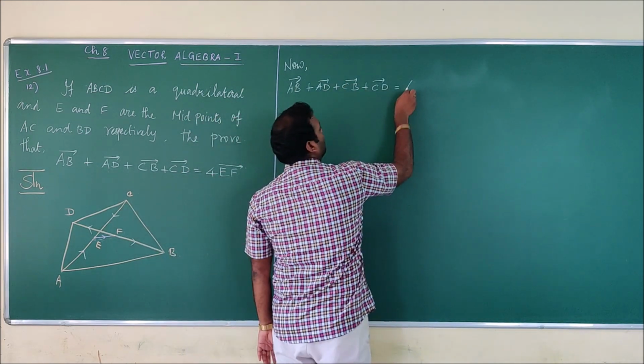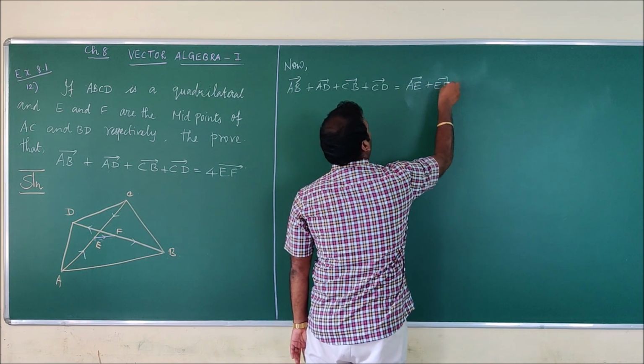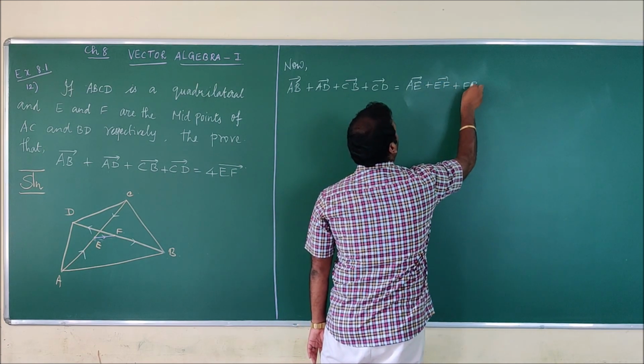What is AB vector? AE vector plus EF vector plus FB vector.